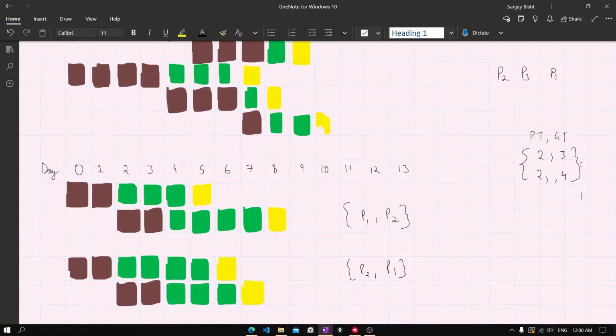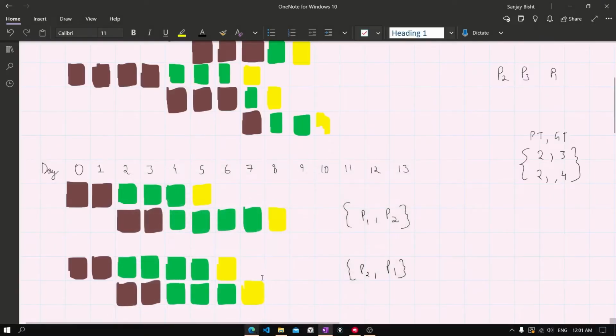If we had gone for P2 then P1, we would have got the right result, because we were taking the highest grow time first. So this is the intuition: we have to sort by grow time.